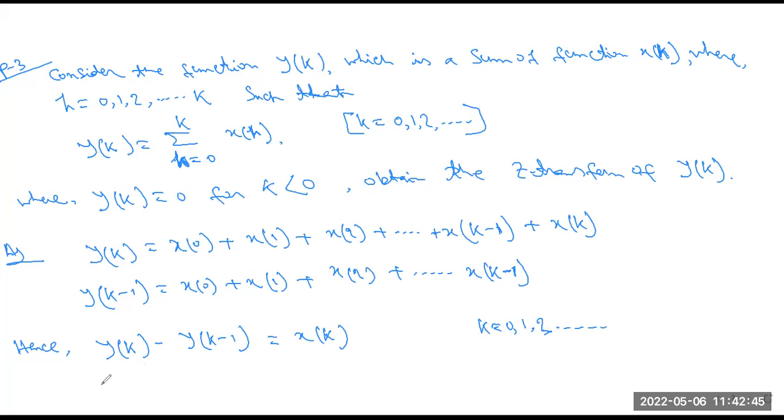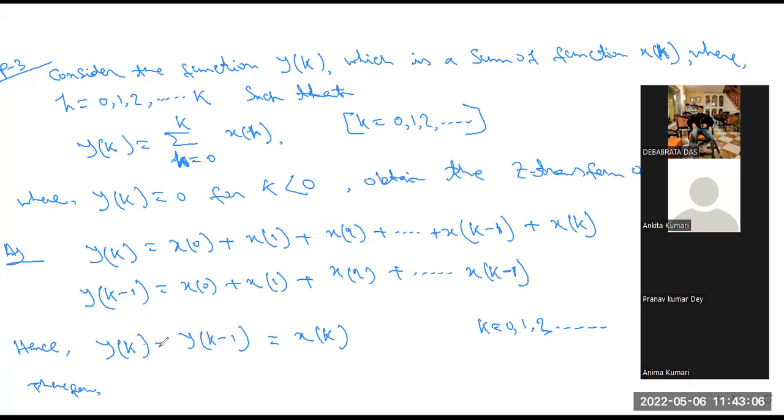Okay, now we have to put the value. What is the value of y of k? This one minus the value of y of k minus 1. So here you can see this is a negative sign.